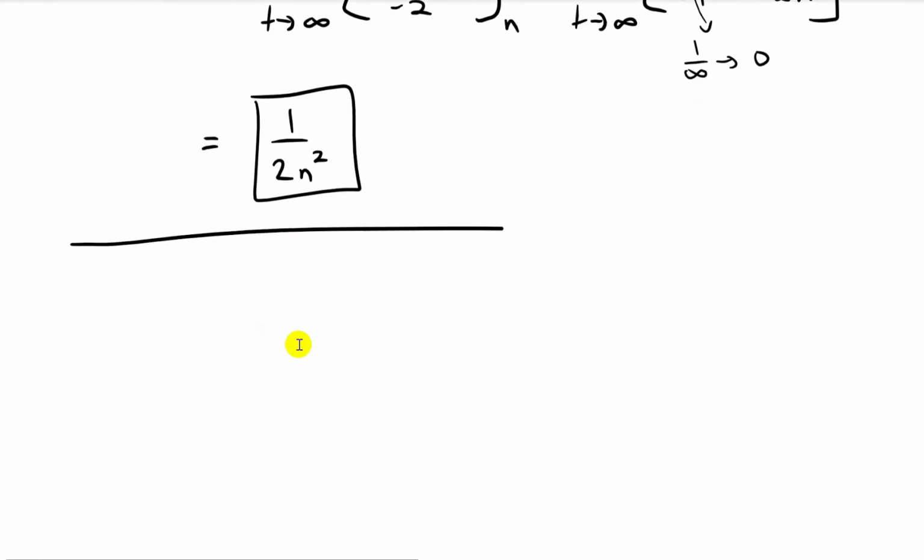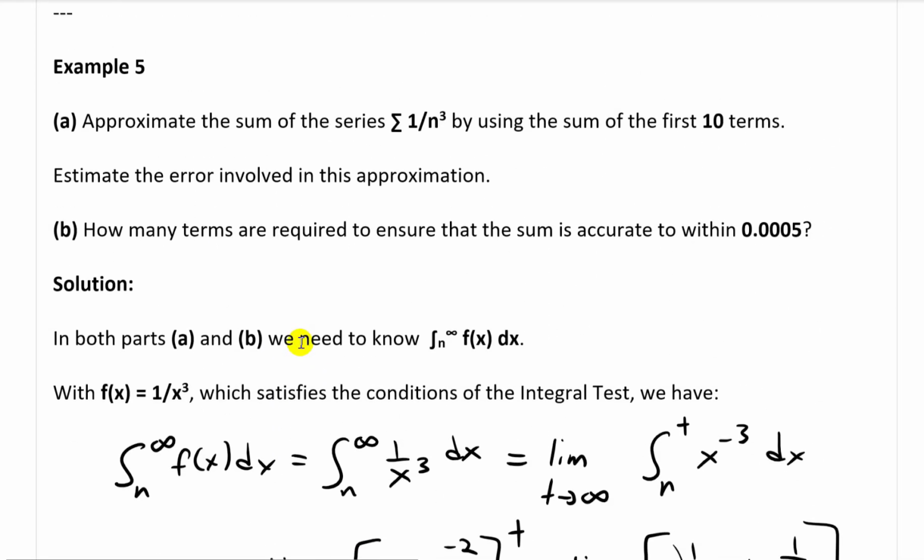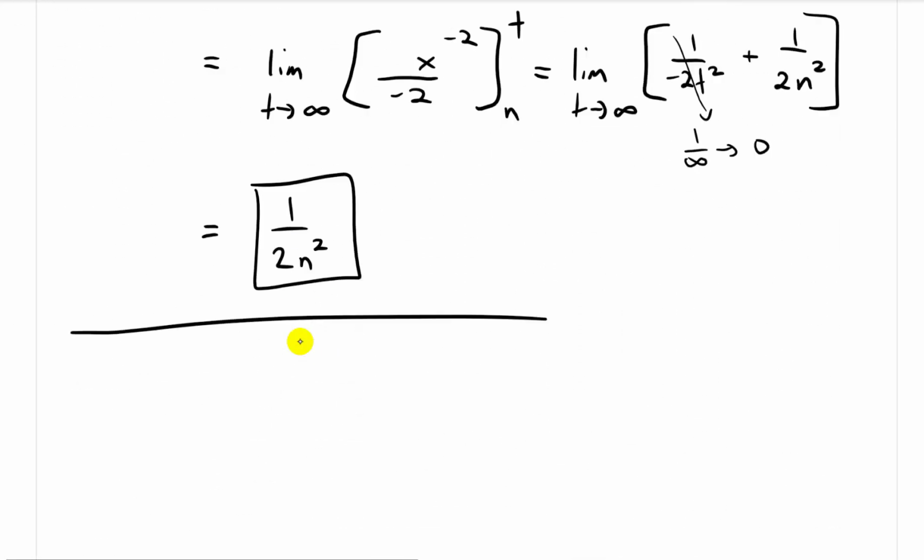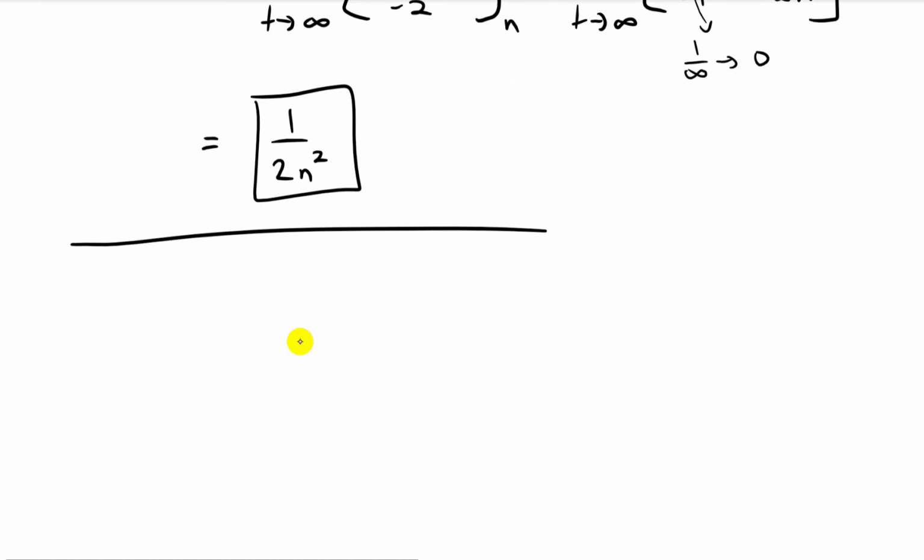So now let's look at part A. Approximate this sum by using the first 10 terms, the summation of 1 over n cubed. What I'm going to write is the summation from n equals 1 to infinity of 1 over n cubed. This is approximately equal to the first 10 terms.